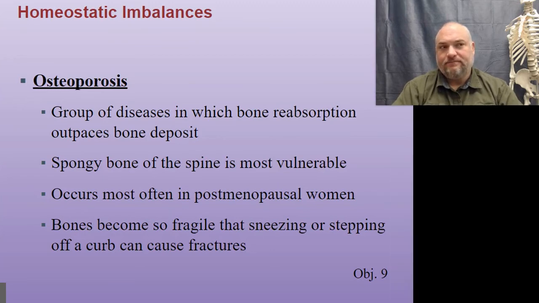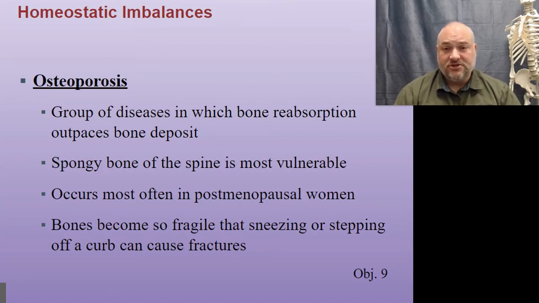So menopause is that point where women's hormones change. They're no longer ovulating, having menstrual cycles, and a bunch of other changes occur, which we'll talk about in our reproductive unit. But a big change is the hormone levels that are changing a lot.